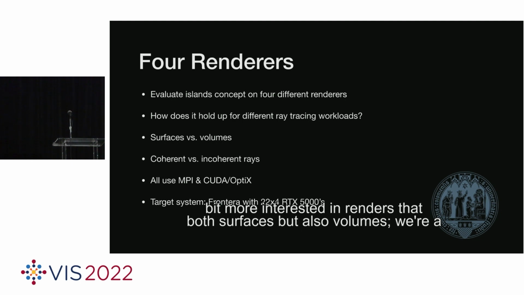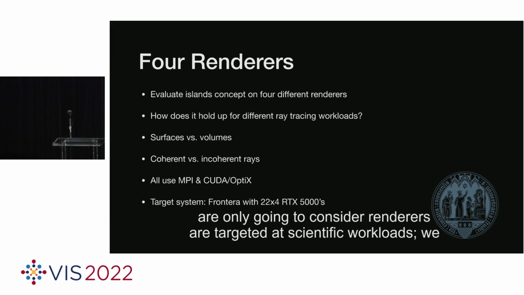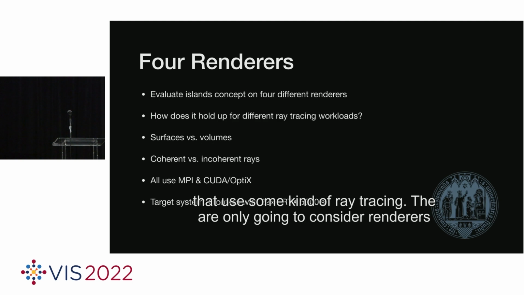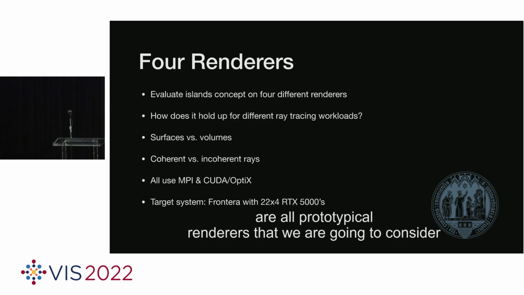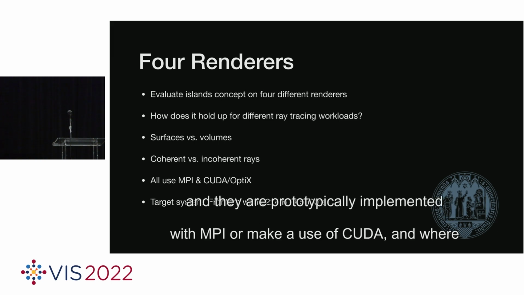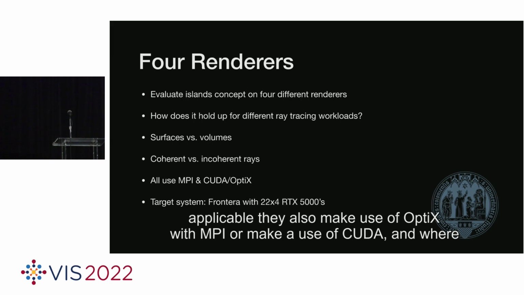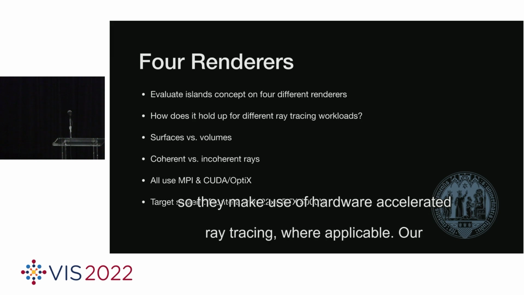We're a bit more interested in renderers that are targeted at scientific workloads. We are only going to consider renderers that use some kind of ray tracing. The renderers that we are going to consider are all prototypical, and they are prototypically implemented with MPI. We make use of CUDA, and where applicable, they also make use of OptiX. So they make use of hardware-accelerated ray tracing where applicable.